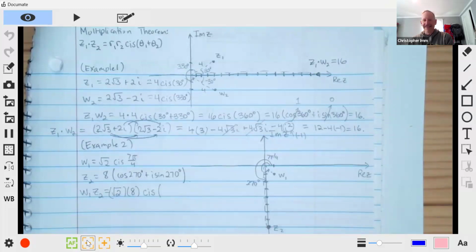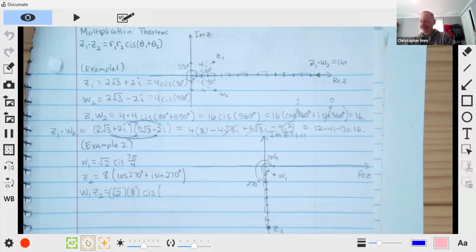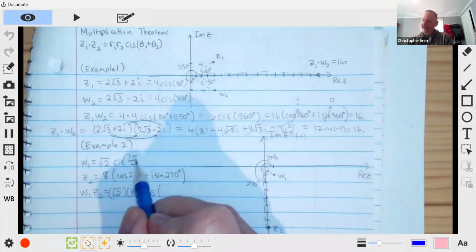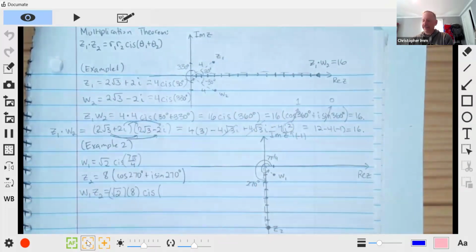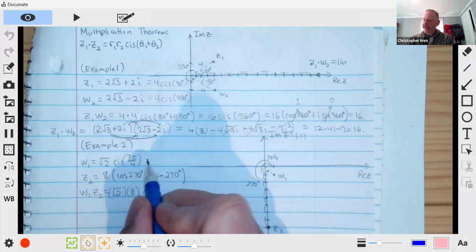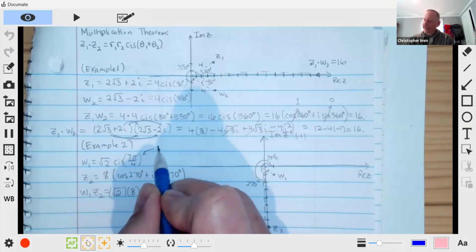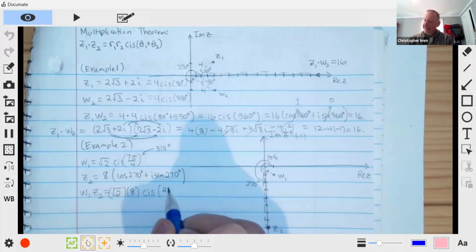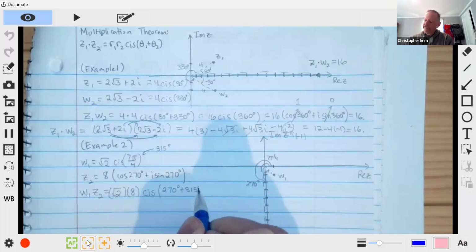Which is going to be easiest to work with? I bet you would say degrees. So if I do use degrees, 7 pi over 4, reference angle is pi over 4, that's 45 degrees, but I'm over here in quadrant 3, so that's going to be 315 degrees. Okay. So I'll just add those together. So I'll have 270 plus 315 degrees.